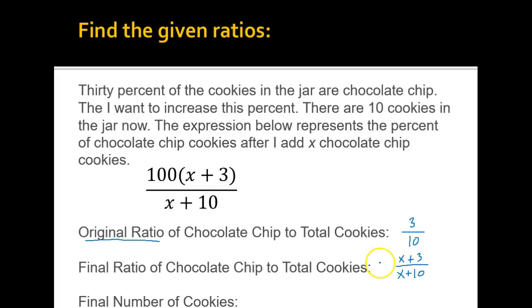That's the final ratio of chocolate chip to total cookies once I've added a quantity of chocolate chip cookies to the jar. Now, that looks like this equation here without the 100.